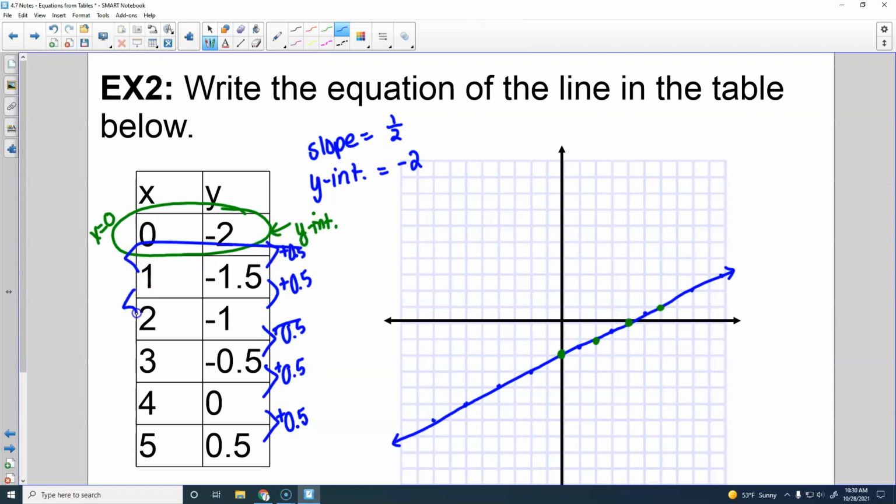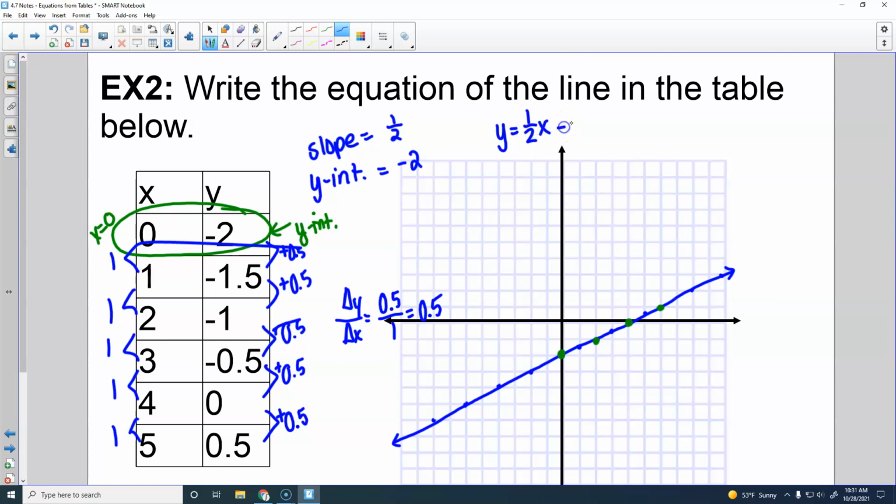And what is happening over here on the left side? Where are you going up by? 1. So our slope would be our change in y, which is on the right-hand side, your y column, over your change in x, which is positive 0.5 over 1. But positive 0.5 divided by 1 is just 0.5. You can write it as 0.5 if you want, or you can write it as 1/2. So either one is fine. 1/2 is what we've been more accustomed to.